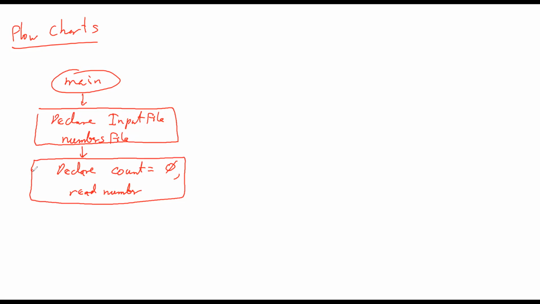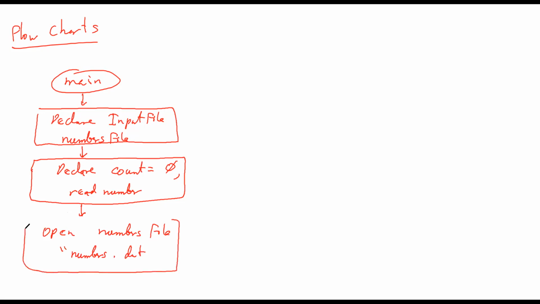Okay, then I'm going to open the file, as you know. Open numbers file, and we give it the name numbers.dat. Okay, then I'm going to do A here, and then I continue over here.